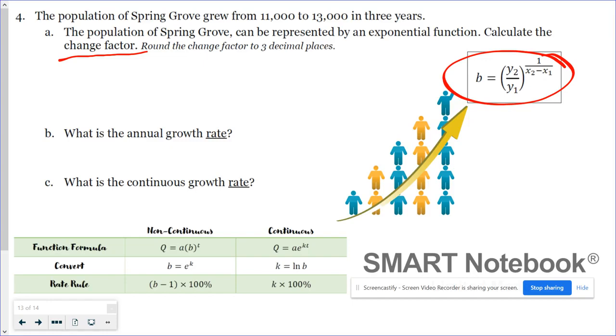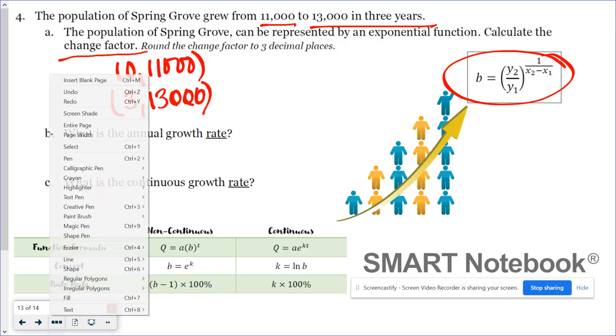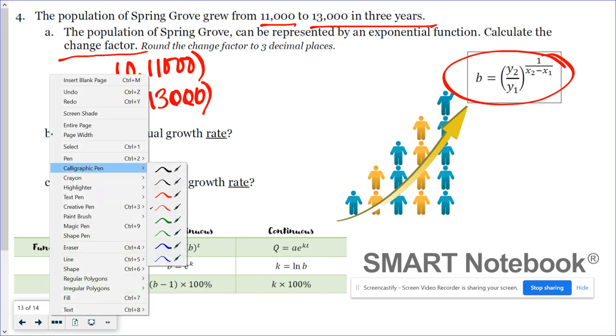It involves using 2 data points, and we know of 2 data points because initially Spring Grove had a population of 11,000, and then 3 years later it was 13,000. So we want to plug these values into our change factor formula.